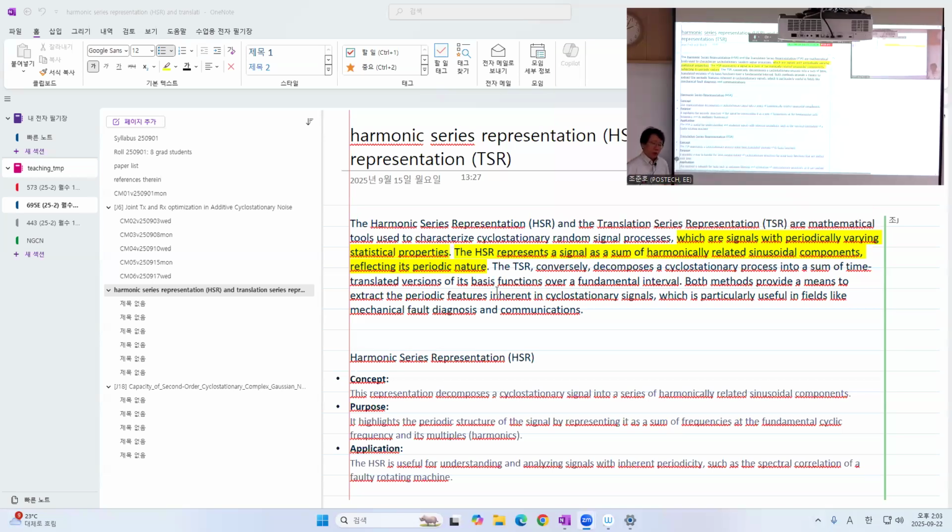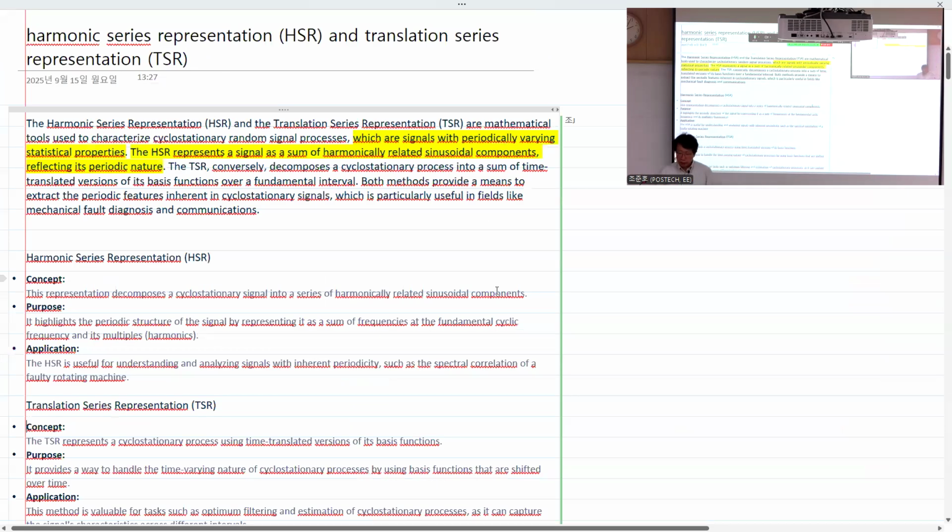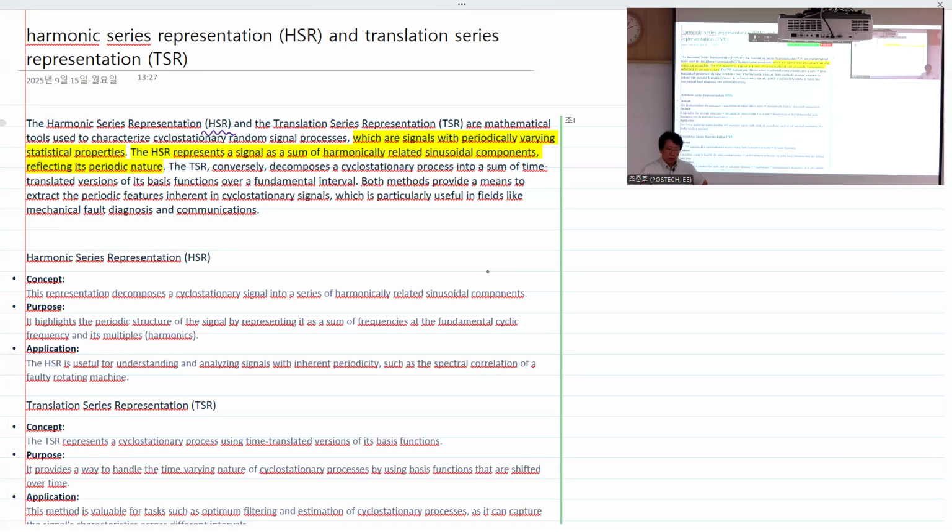So, I searched the harmonic series representation using Google search. And of course, there are other areas of scholarly society talking about harmonic series representation. But if you further confine harmonic series representation with, for example, cyclostationary random processes, then you have this correct search result.